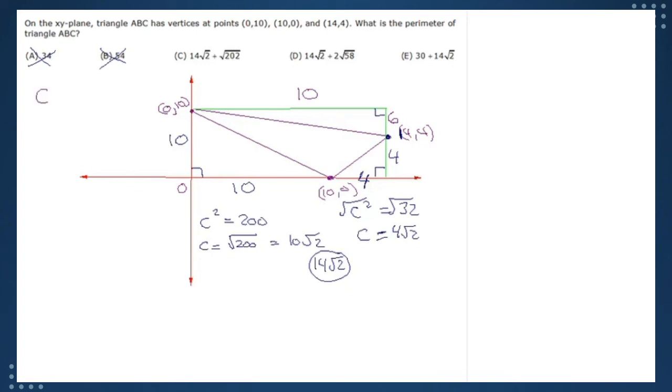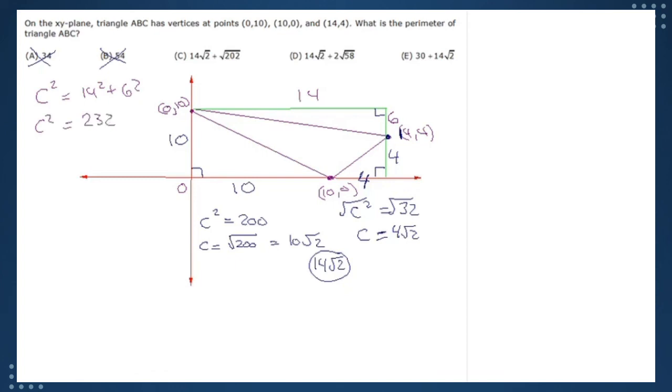Let me just make sure that's right. You know what? I made a small mistake there. That's not 10, that's 14. So we have c squared equals 14 squared plus 6 squared. This number is getting a little large, I get that. 14 times 14 is 196. Of course, 6 squared is 36. So if we add these together, we get c squared equals 232.